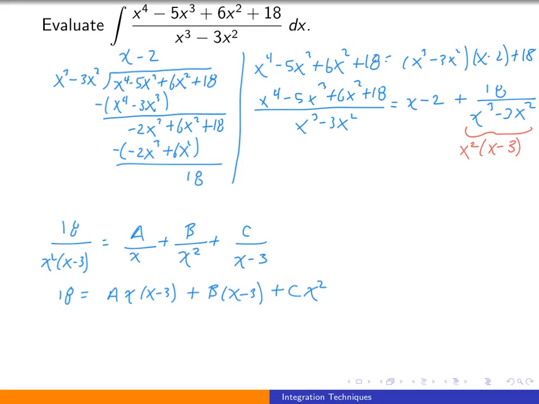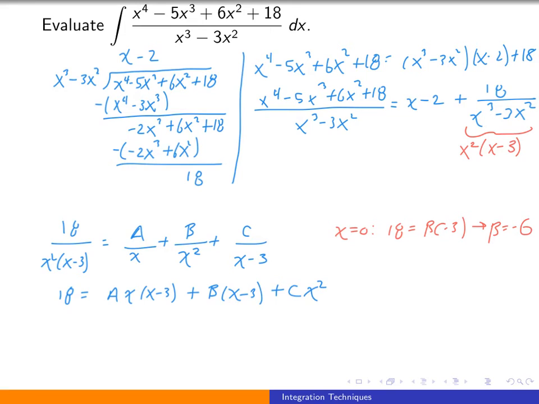And we note that if we plug in x equals 0, the A term and the C term will both vanish. So if x is equal to 0, our equation becomes 18 on the left is equal to B times minus 3. So immediately we know that B is equal to minus 6.